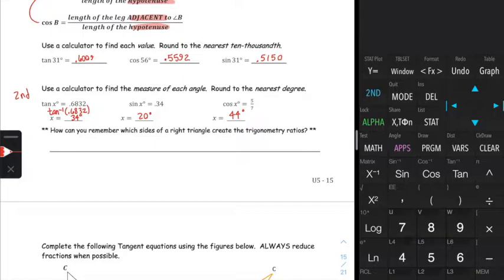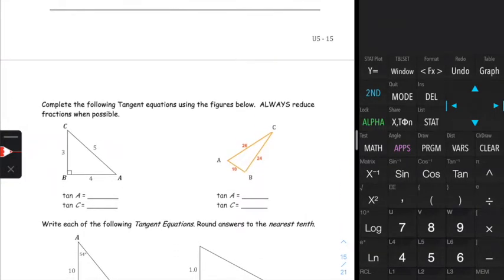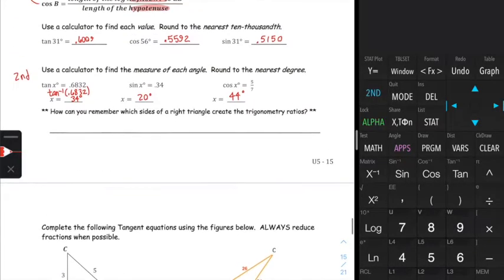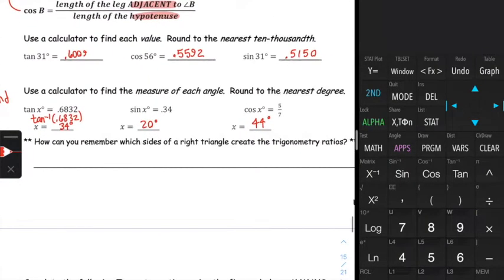Next, we're going to work on setting up ratios, and then we're going to use these ratios to solve for x or some type of missing side or sometimes an angle. Before we do that, to figure out which sides match up, there's a little saying you might hear sometimes. They call it Sohcahtoa. It's a little acronym.